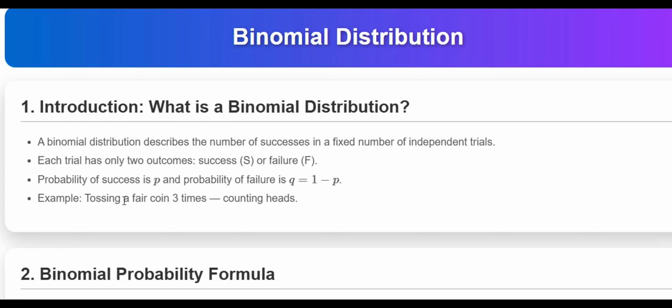Then the probability of success, for example, in our case, the probability of getting a head, is given by P. Then the probability of failure, which in our case is the probability of not getting a head, is given by Q, where this Q is 1 minus the probability of success.